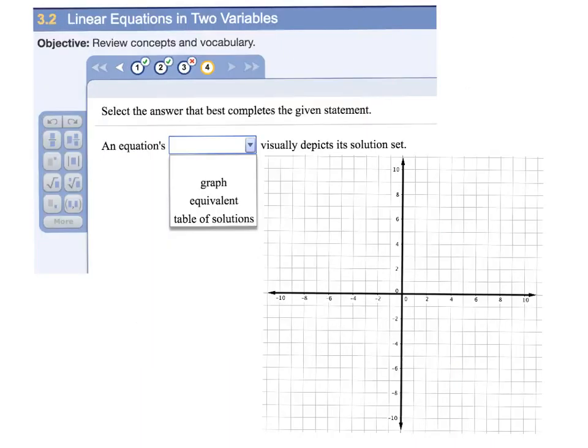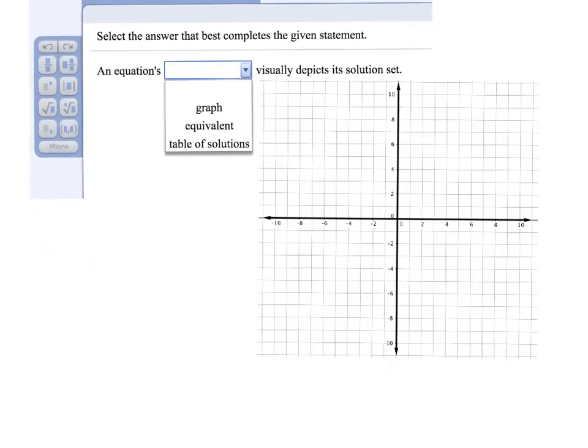Now here it says select the answer that best completes the given statement: an equation's what visually depicts its solution set. So the idea is we're going to go back to that idea of our table.